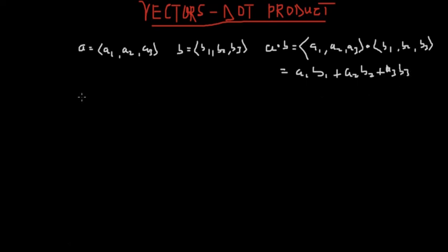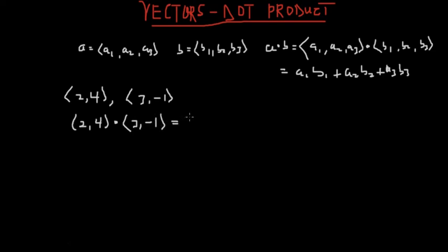Now let's use numbers. In case you've been given vector 2, 4 and then vector 3, minus 1, and you are told to find their dot product, this is how it will look like.